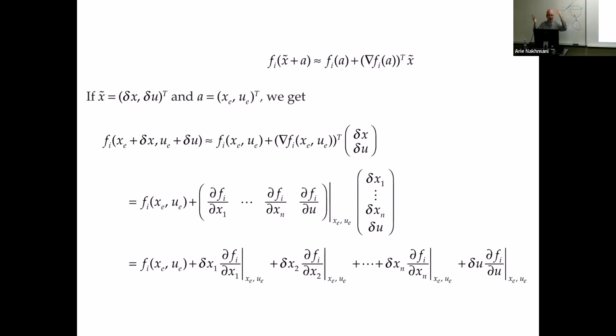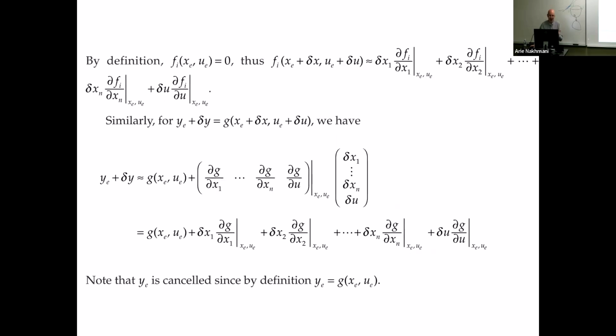Okay, for i equals 1, for example. But then you can repeat the same thing for i equals 2, 3, 4, whatever number of states you have. And each separate row of matrix A will be defined by these things. And the B matrix will be defined by these things. These will be the rows of matrix B.